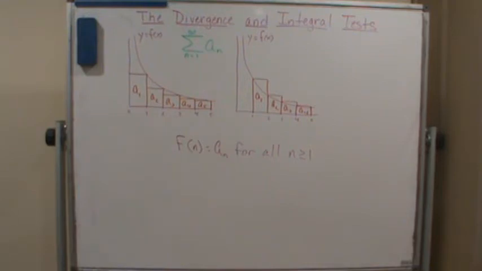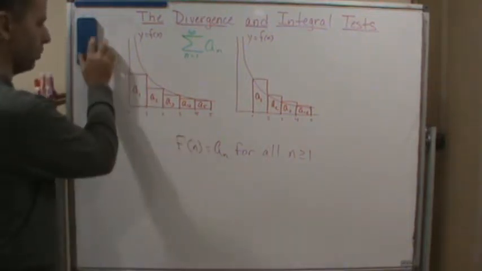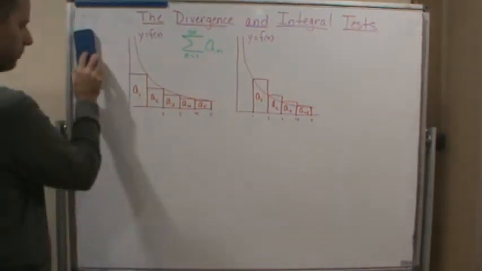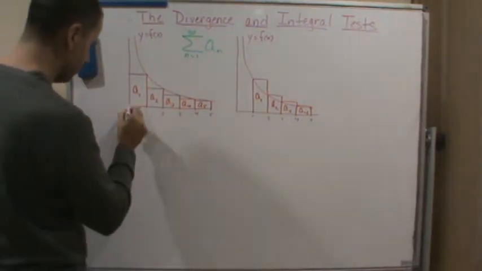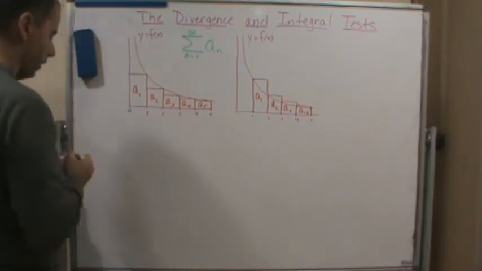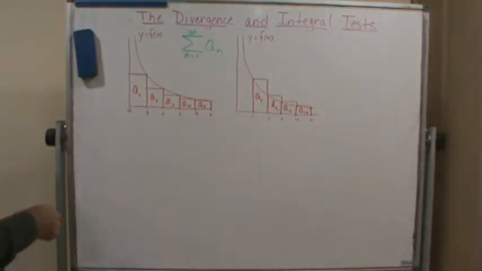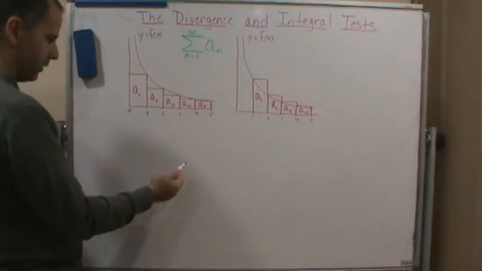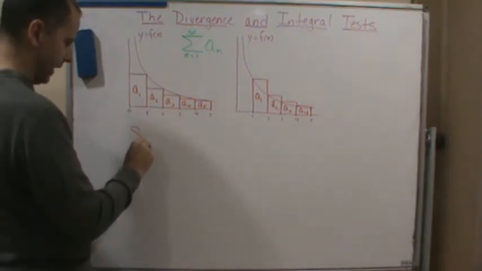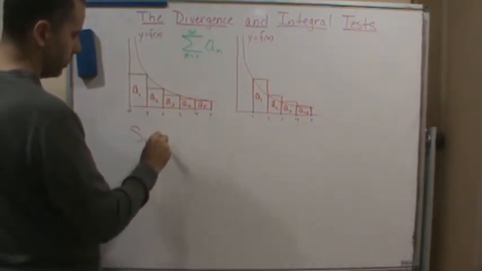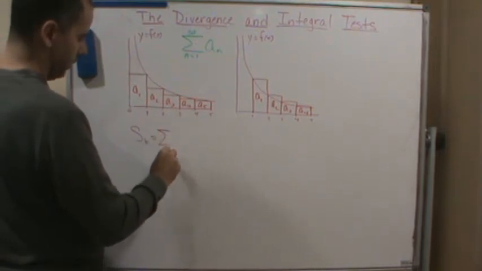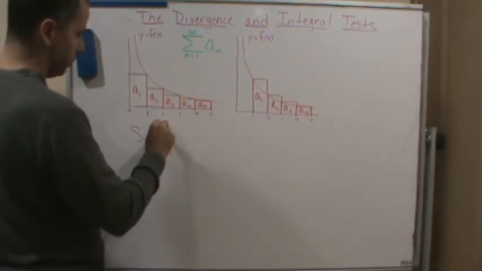Then for any integer k, there is the kth partial sum, s of k. So for this side, for any positive value k, we're going to have s of k, which is equal to the summation of n equals 1 to k.